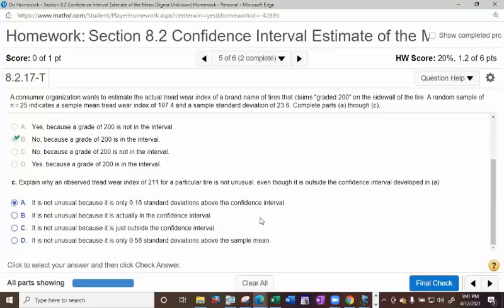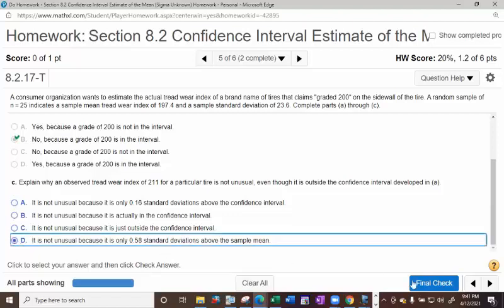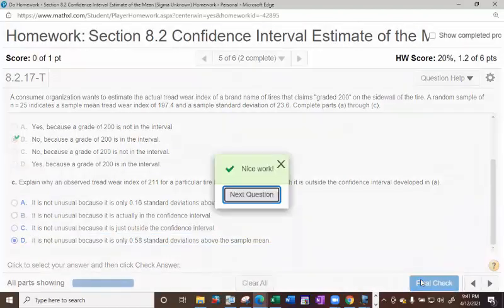Oh, wait, let's see, 211. No, it's not in there. Oh. 0.58 standard deviations. I must be thinking of this wrong. Okay, I'm probably overthinking this a little bit. I don't know.